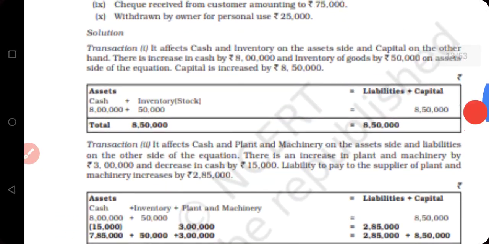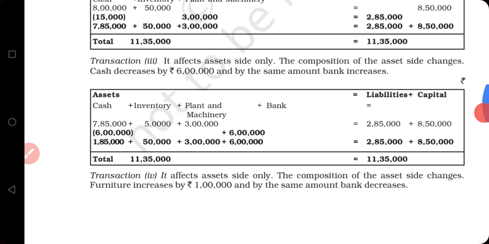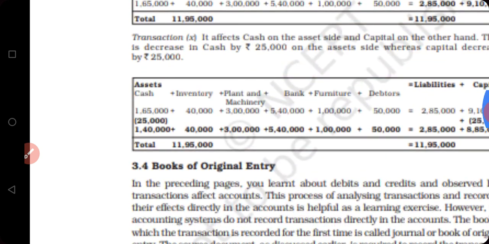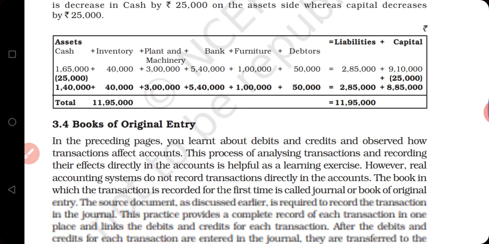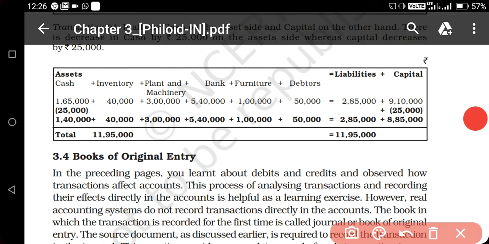Now the last transaction: withdrawn by owner for personal use 25,000. Here the owner is withdrawing 25,000 cash for his personal use. So we will reduce 25,000 from the cash, as well as our capital will be reduced.